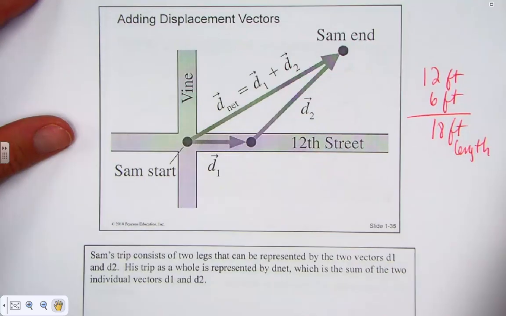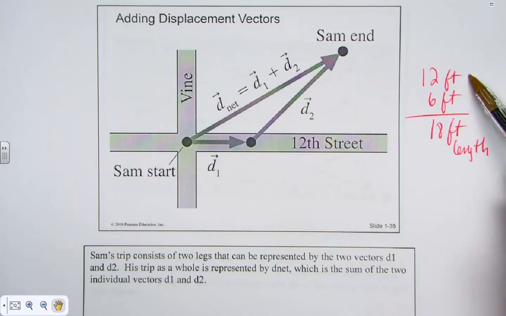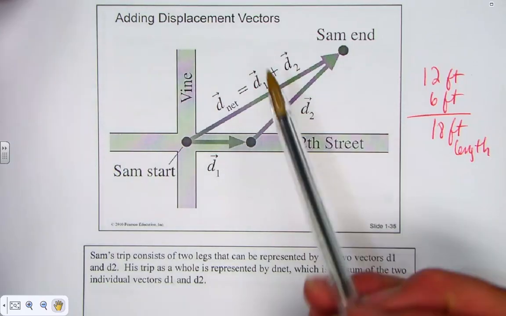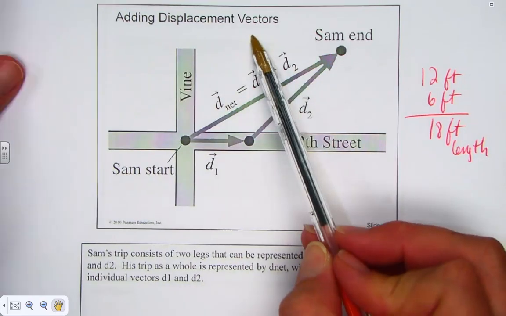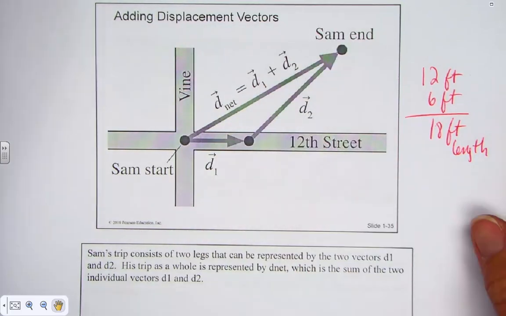This is just representing adding some lengths. 12 feet is a scalar quantity, does not give direction. 6 feet is a scalar quantity, there's no direction. I can simply add the numbers if they have like units and report out an answer. But displacement vectors, or any vector quantities, because of direction, is a little more involved when we begin adding vectors.